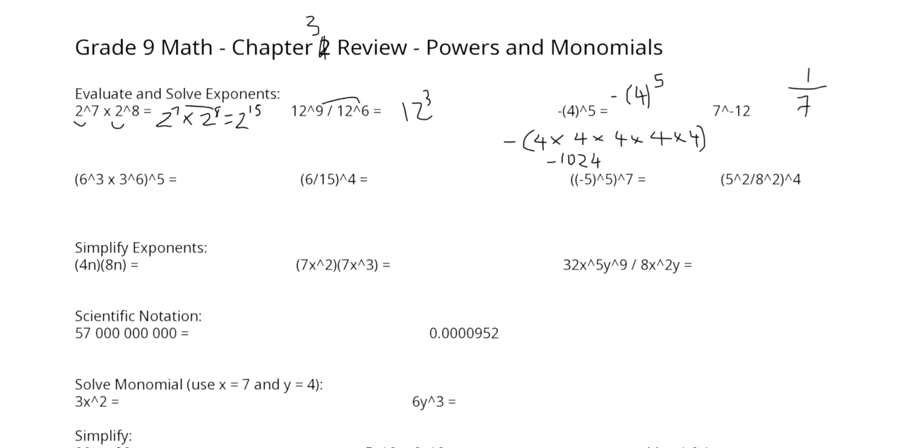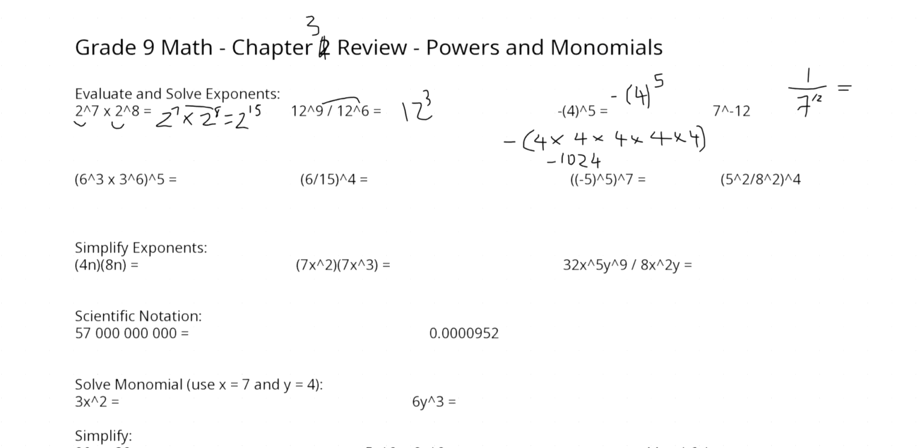And so the result of 1/7 to the power of 12, well, that's a big number. So we'll just leave it at that, because this question actually did not ask you to solve. It says evaluate. So 7 to the power of 12 is actually something like 13 trillion. But we'll just leave it as 1/7 to the power of 12, okay?